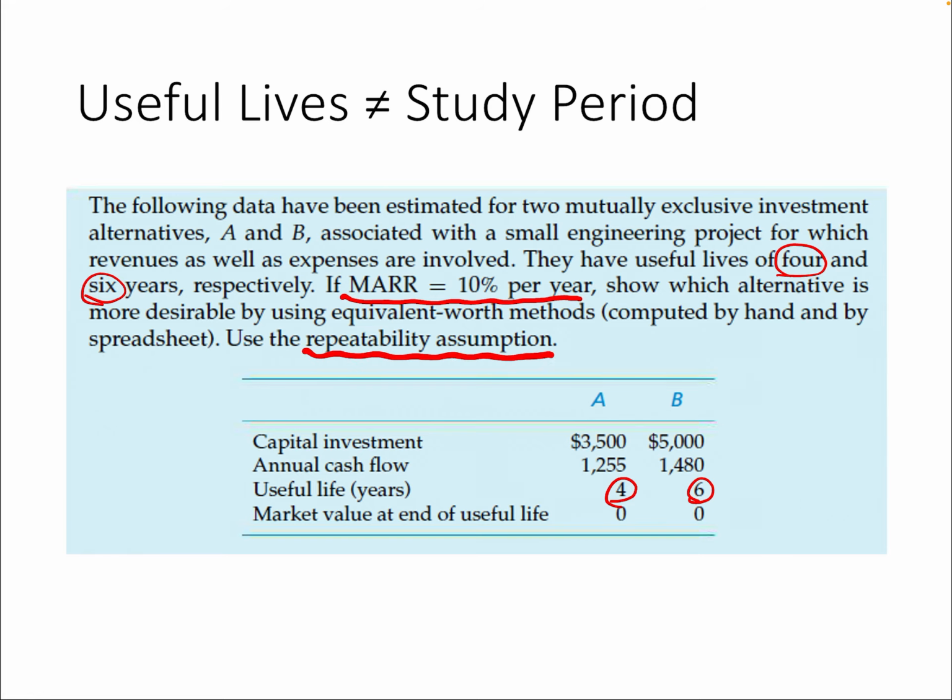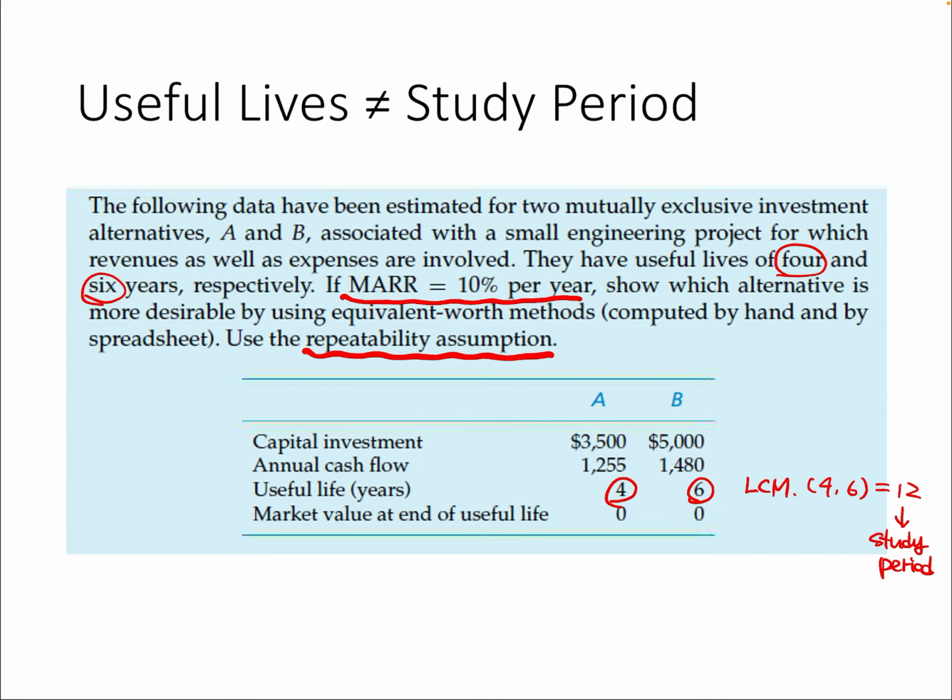Okay, so they want you to use the repeatability assumption, which means you need to find the LCM of 4 and 6 first. What is that? It is 12. Okay, so 12 years is gonna be your study period. And now you can use the repeatability assumption, which means you can extend option A by repeating the cycle of 4 years for 3 times.